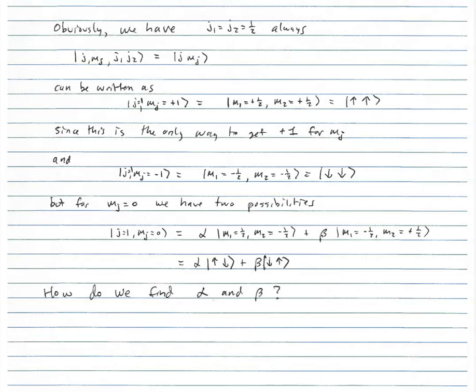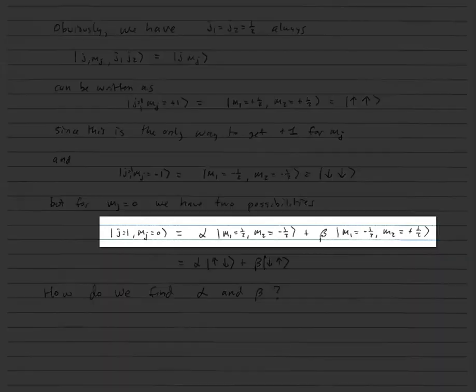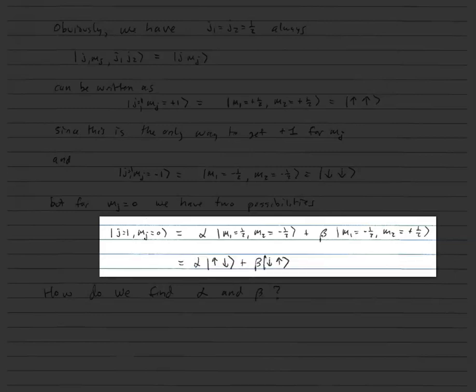The case that's hard to work out is the case where MJ is equal to 0 because there are 2 possibilities. The state with J equals 1, MJ equals 0 is a linear combination of a state that has M1 equals a half, M2 equals minus a half, plus a state that has M1 equals minus a half and M2 equals plus a half, or as we would write it, alpha times up down plus beta times down up.